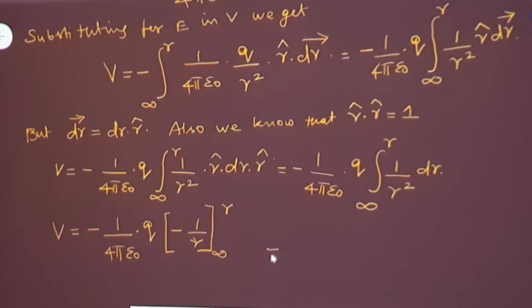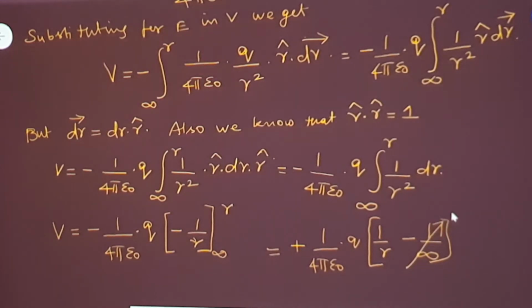So on substituting the limits, see, this minus and this minus will become plus. So 1 divided by 4 pi epsilon 0 into q multiplied with the upper limit 1 by r, minus the lower limit 1 divided by infinity. 1 by infinity will tend to 0.